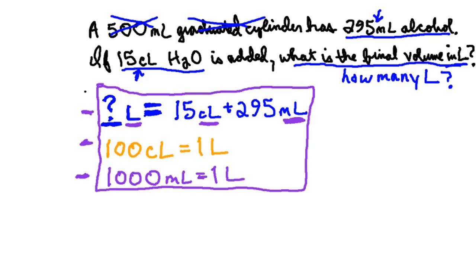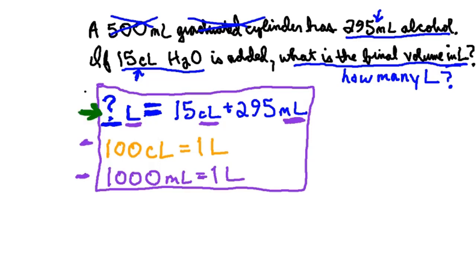Now that we've done that, we can go ahead and set this up using dimensional analysis, which, if you get used to this, it might be weird at first, but once you get used to this, half of your math problems that you're going to do in chemistry, and if you go along into nursing or anything, is going to be dimensional analysis. So it's a really good idea to get used to this.